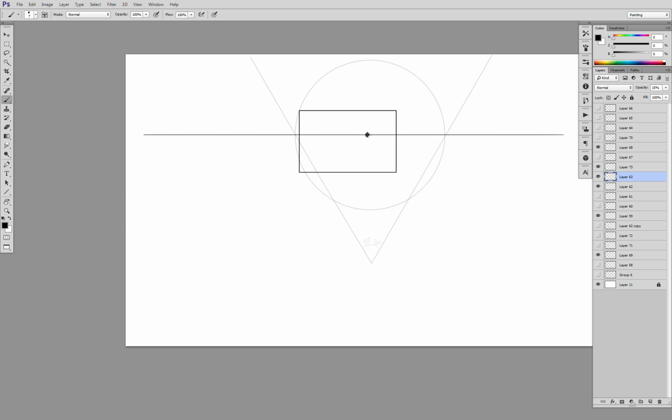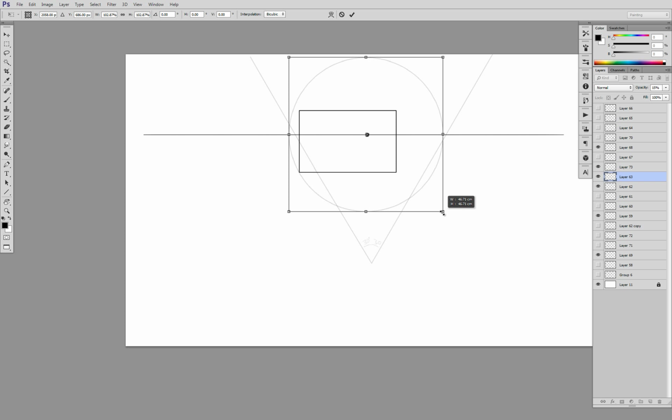So if I have an image like this, where the horizon line is here, and I'm not really sure where the vanishing points are yet, I don't have a grid, then the key is to make sure that the cone of vision fits. And if we do this, we can see it fits.